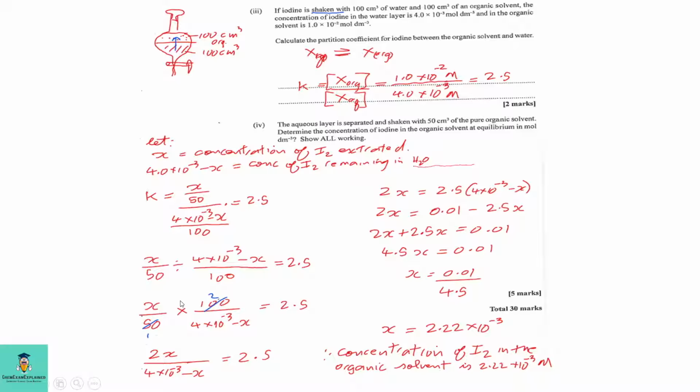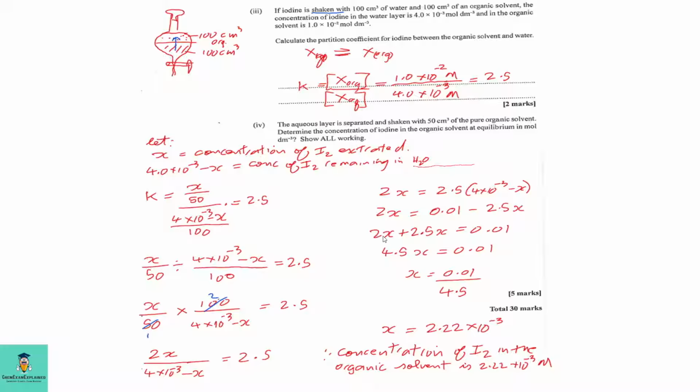So now we have 2X over 4 times 10 to the minus 3 minus X equals 2.5. So 2X equals 2.5 times 4 times 10 to the minus 3 minus X. And then we say 2X is equal to 2.5 times 4 times 10 to the minus 3, which equals 0.01 minus 2.5X.